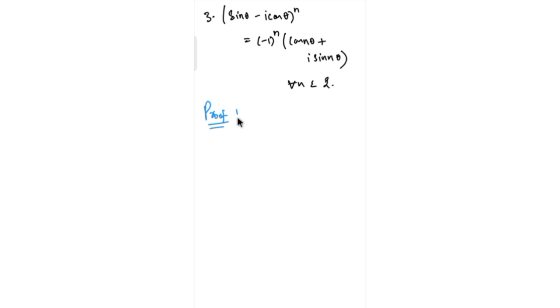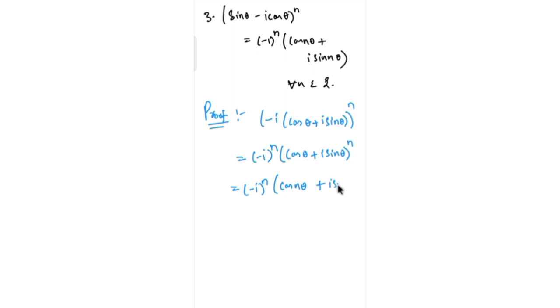The very first and important step is to convert this into Euler's form. We take minus i common, so that we get this into perfect Euler form, that is (minus i) whole power n into (cos theta plus i sin theta) whole power n, that is (minus i) whole power n into (cos n theta plus i sin n theta), and again every n belongs to integers. So this is the third point.